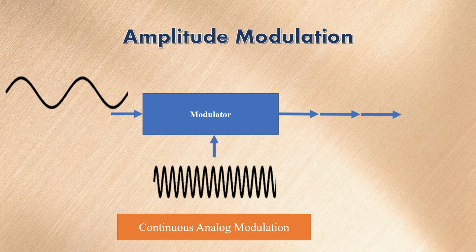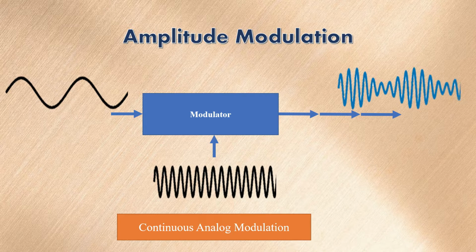And in amplitude modulation, the modulated signal has the frequency of the carrier signal and it varies in accordance with the amplitude of the message signal. So the parameter is amplitude. The amplitude of the carrier signal is varied in accordance with the amplitude of the message signal.